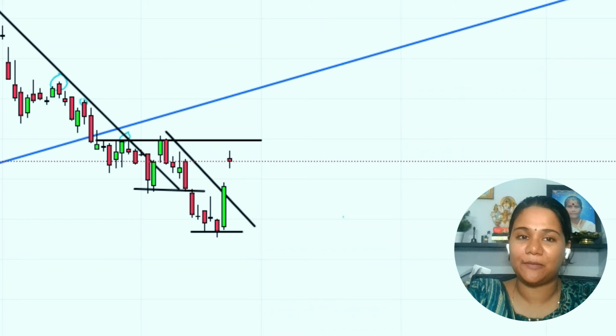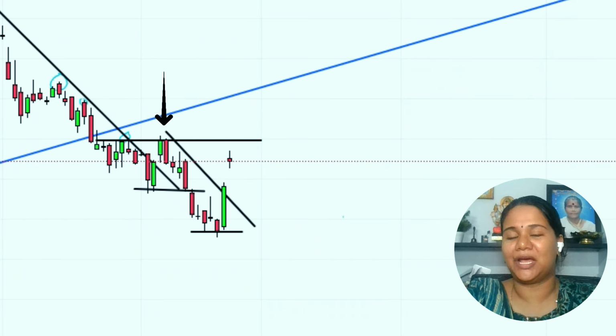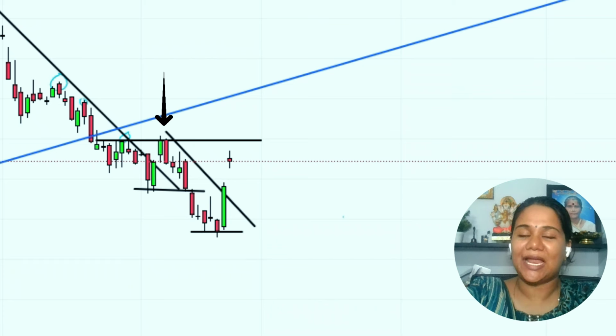That is, we are expecting the previous high or that solid resistance that Nifty faced last week to come to an end, and we're expecting the market to go higher than that and go towards the trend line of the weekly time frame. That is pretty much the analysis for Nifty 50.